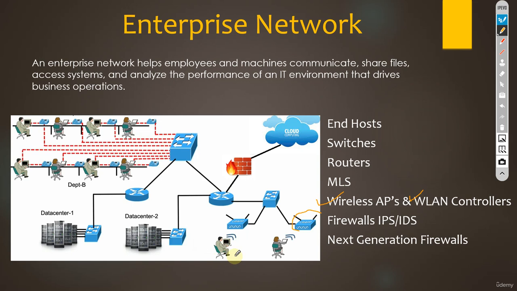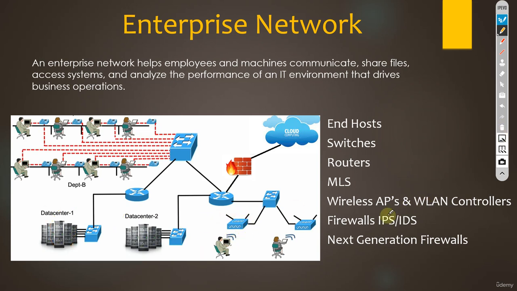So what is the remedy? What is the solution? This is where we use wireless access points and wireless LAN controllers. Without having wires, these users can access the information that resides in the data centers through the wireless LAN controllers.